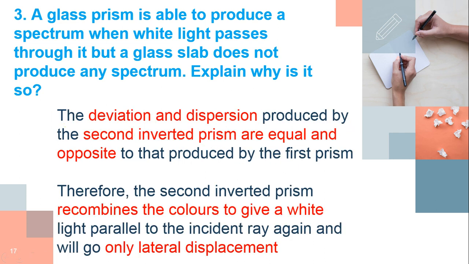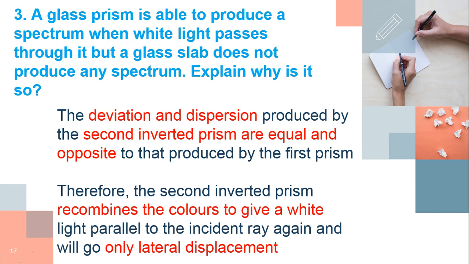In a glass slab, the deviation and dispersion produced by the second inverted prism are equal and opposite to those produced by the first prism. In these situations, we can join two prisms. We can form a glass slab. So the first prism produces the dispersion.